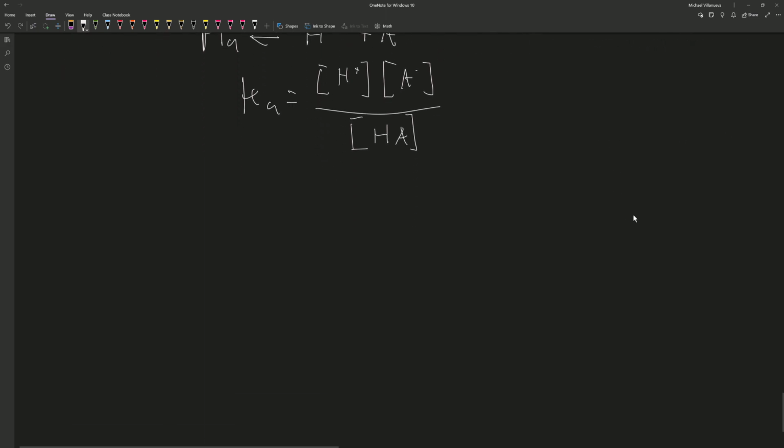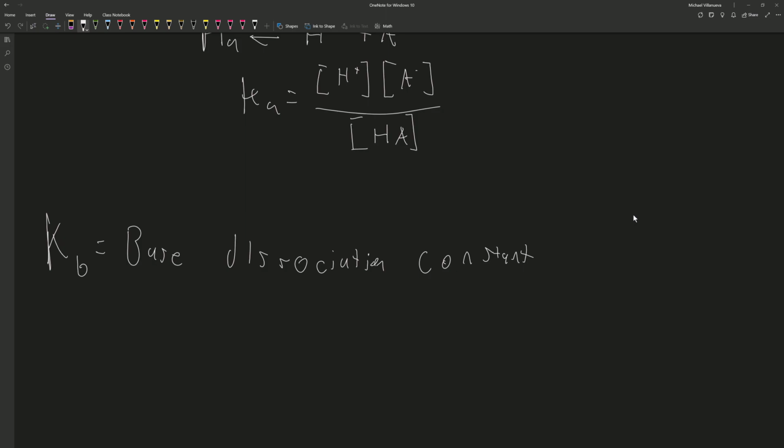So we could say that Kb is equal to the base dissociation constant. And we could say that it is equivalent to the base plus H2O in equilibrium with the salt of the base plus OH.